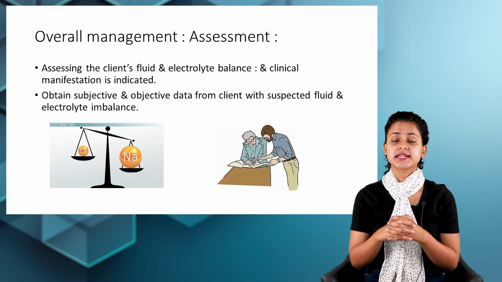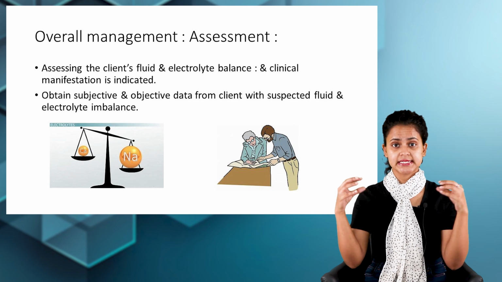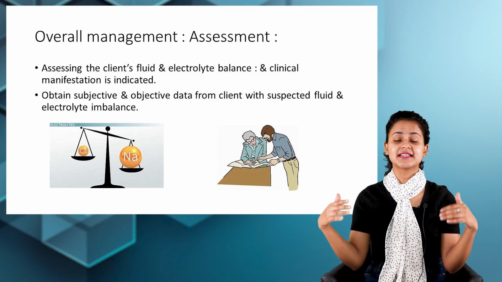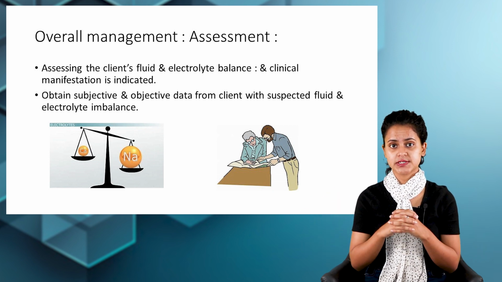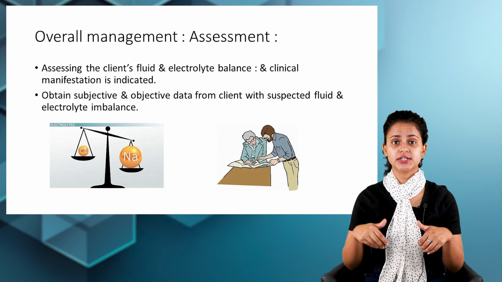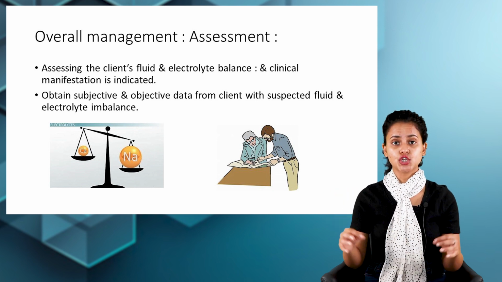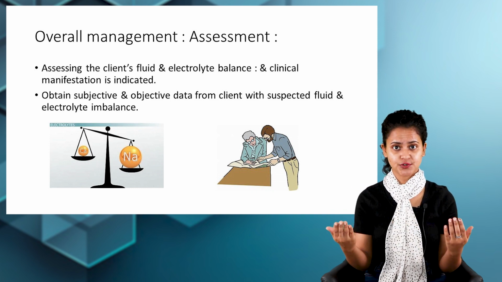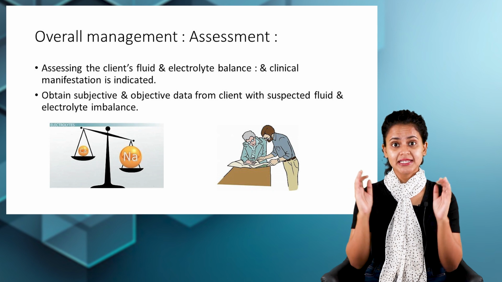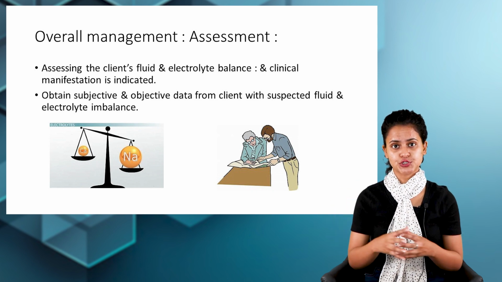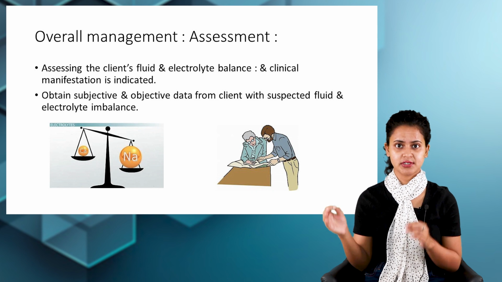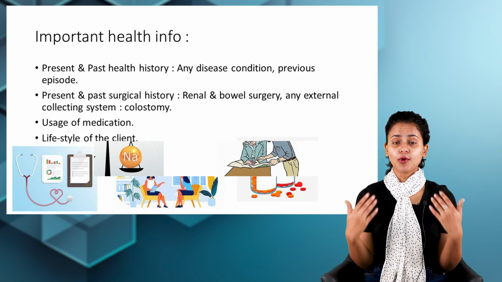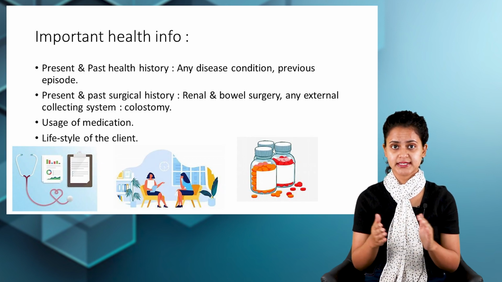This often includes the detailed history of the individual, which helps a medical professional identify the probable causative factor behind the development of the imbalance. So let us study the components of data collection in a patient with fluid and electrolyte imbalance. Important health information should be collected here.